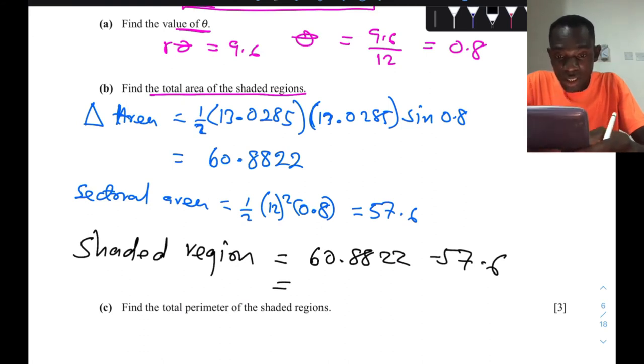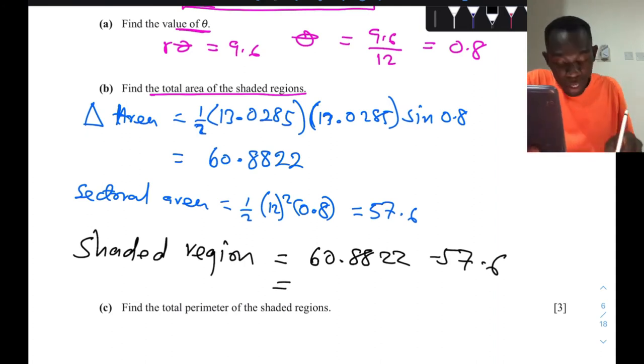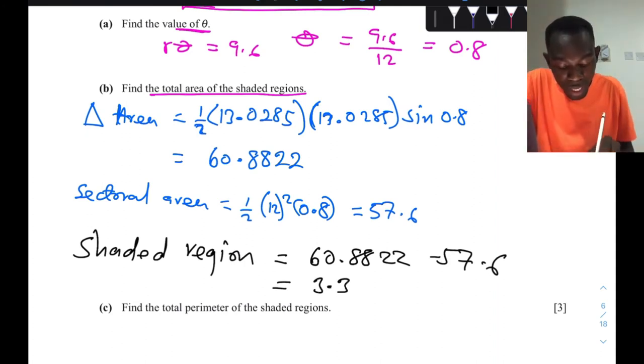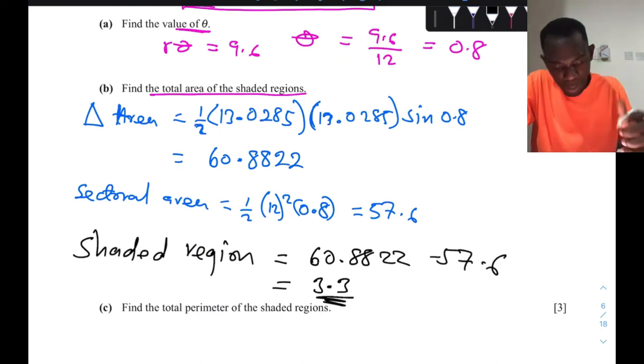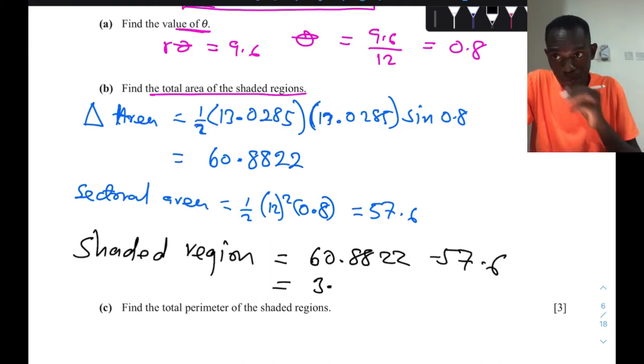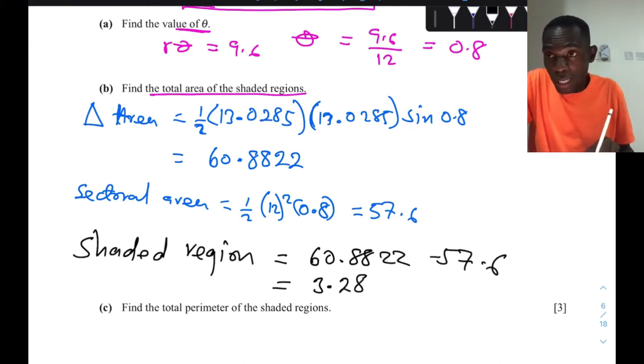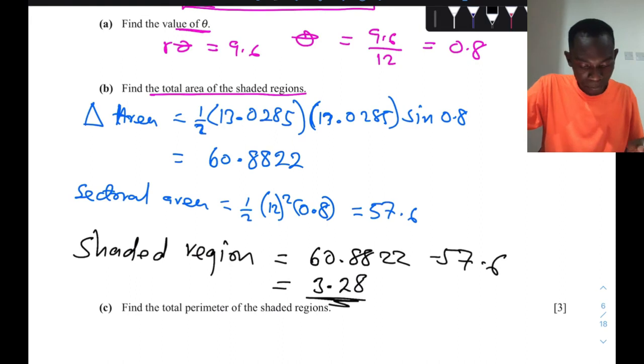That will give us 3.3, correct to 2 decimal places, right? So let me just write it in 3 SF. Yeah, I think this is way better.